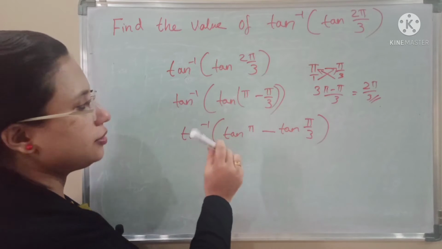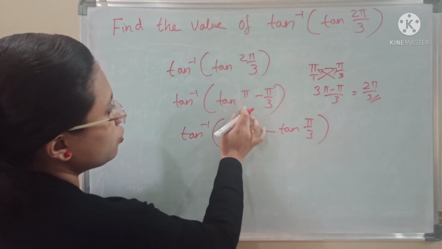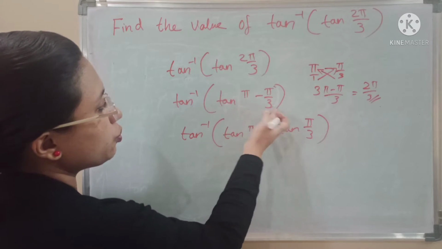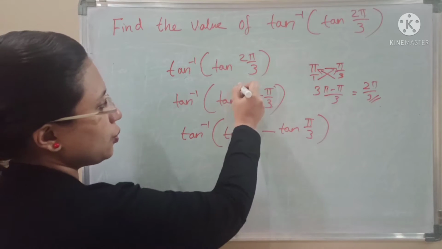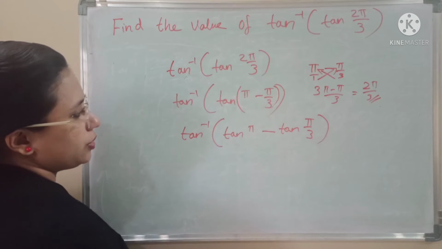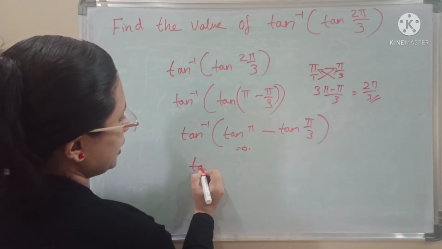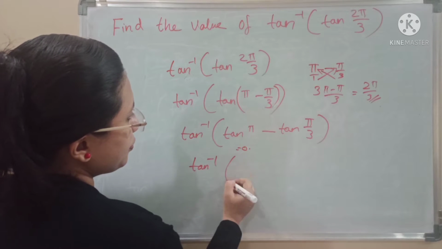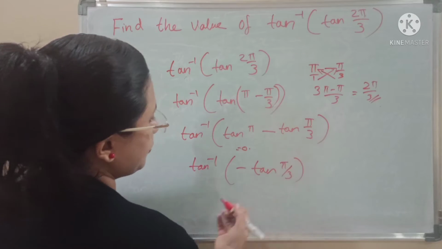Otherwise, if you didn't put the bracket here, you will get confused whether you have to choose both or only pi. So you must put the bracket. Now tan pi value is what? Which is 0. So it will be tan inverse of minus tan pi by 3.